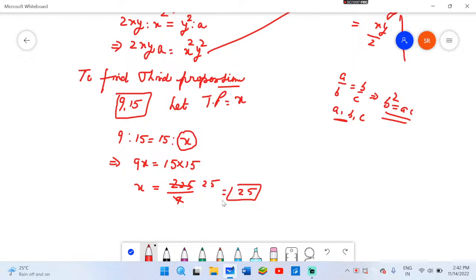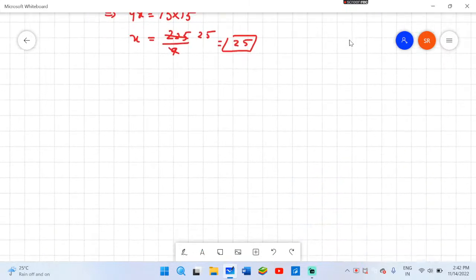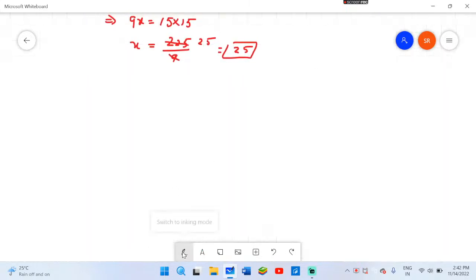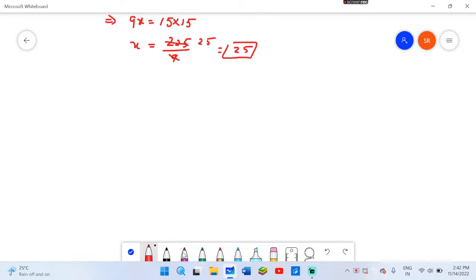We take one more sum of this type. Find the third proportional to a square minus b square and a plus b. Let us suppose the third proportional in this case is x.